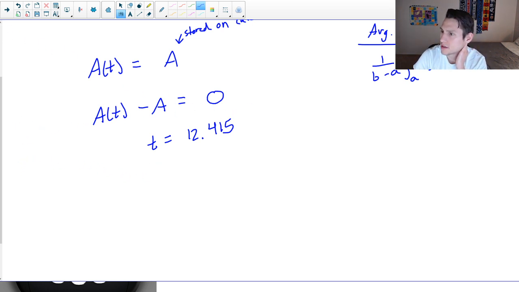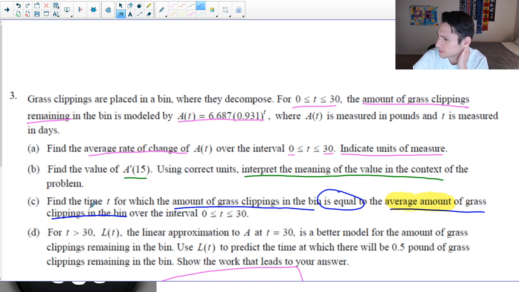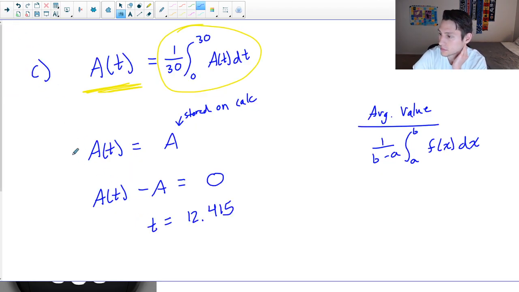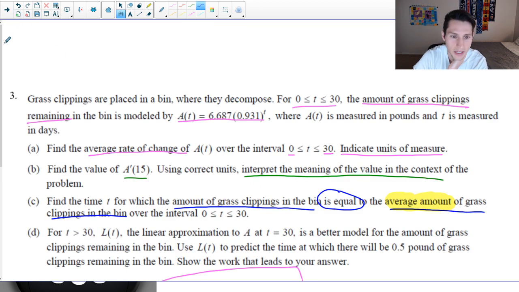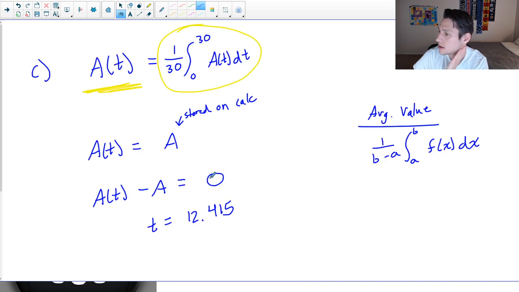Okay, so do we have to do anything with t? Let me go back. C, find the time t for which the amount of grass clippings in the bin is equal. Nope, okay. So 12.415, I'll go ahead and put units on it. It doesn't tell me explicitly, but why not? Days.